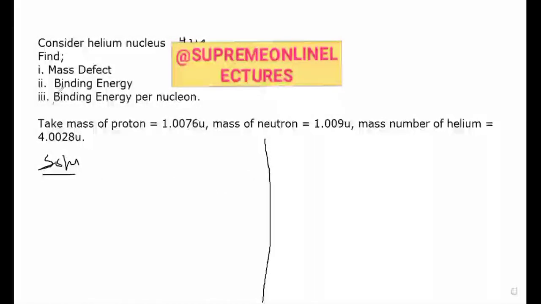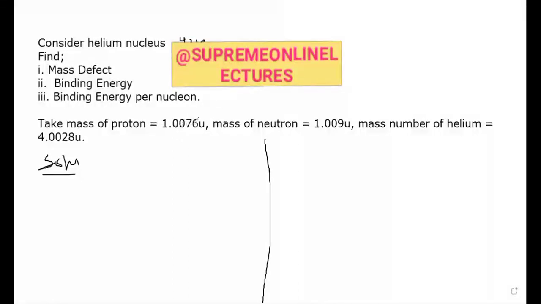So we are going to calculate the mass defect, and for us to be able to get that, we have to find the value for the neutron number.